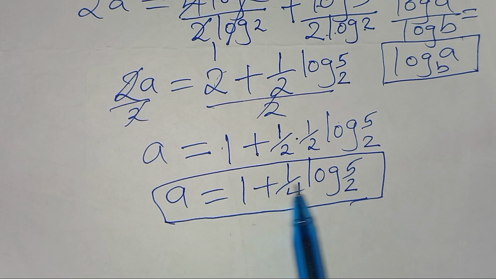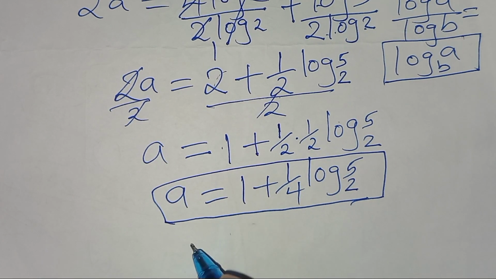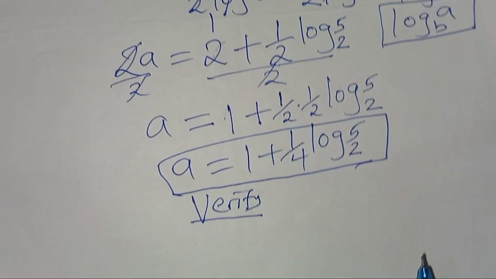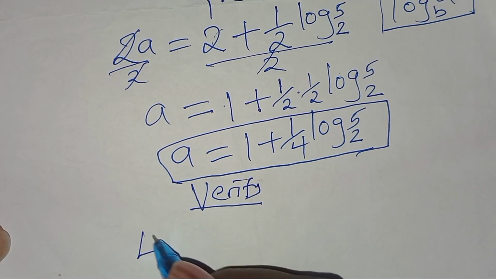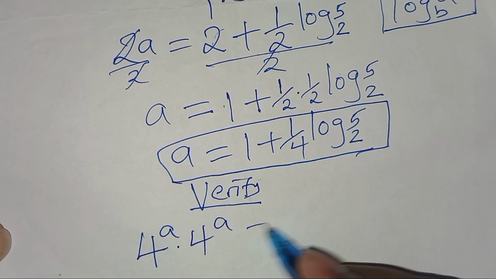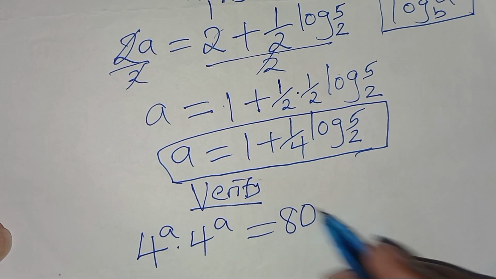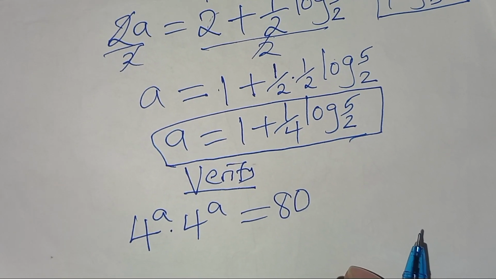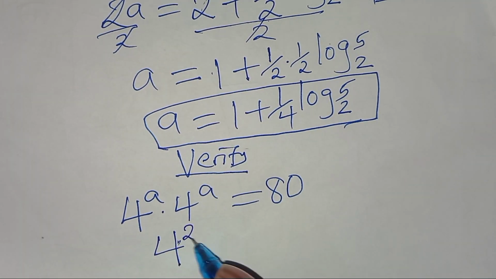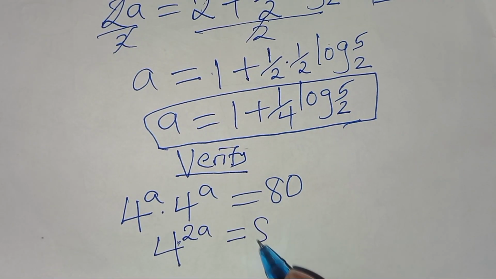So let's verify that this value of a actually satisfies the equation. If you recall, 4 to power a multiplying by 4 to power a should give us a value of 80. We simplify this further to 4 to power 2a equal to 80.